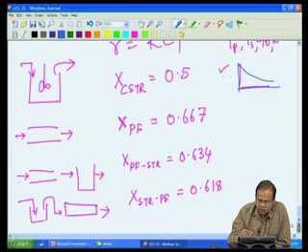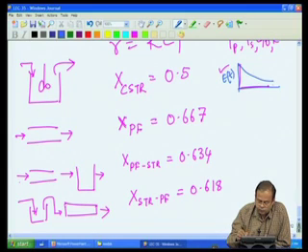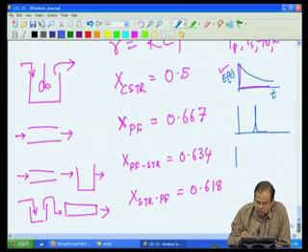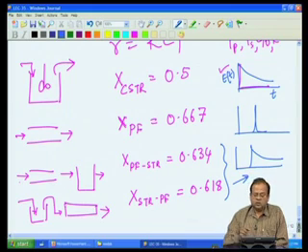This is my E of t versus t. In this case, and for both these cases, it is the same residence time distribution. We just now saw it a few minutes back. So, what does it mean? It means different residence times give you different conversions.